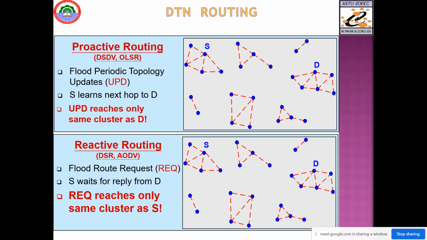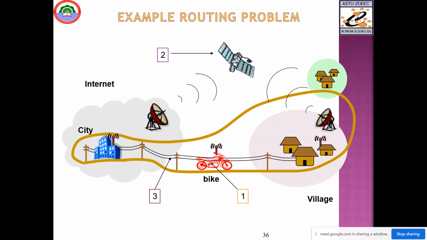That means the links will come and go, or sometimes the links will be activated periodically. It may use all the links, or it may use some of the links to disseminate the information. Based on the size of the message, the message will be fragmented. These are the concepts we have in DTN routing.